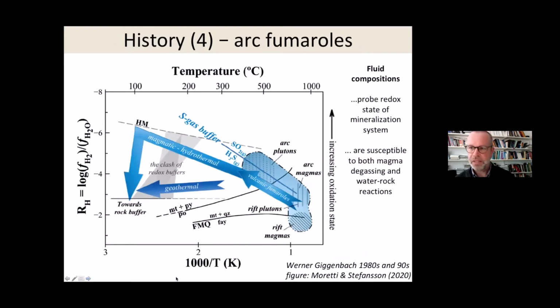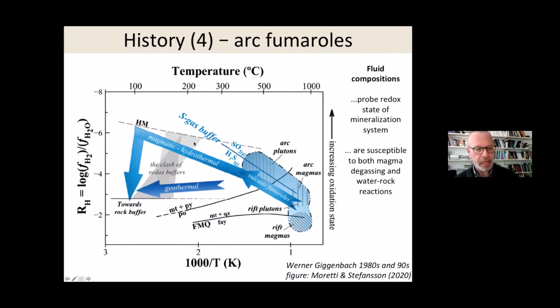It's actually not from seafloor studies, but from studying fumarole gases in volcanic arcs. And that's a line of study that was pioneered by Werner Giggenbach. And this is from a recent Elements paper, which shows very nicely that in addition to water-rock reactions that we have in geothermal systems on land, in these seafloor hydrothermal systems, there is this magmatic hydrothermal branch here, where basically the redox of the system, the sulfidation state of the system, is controlled by the influx of volcanic gases.